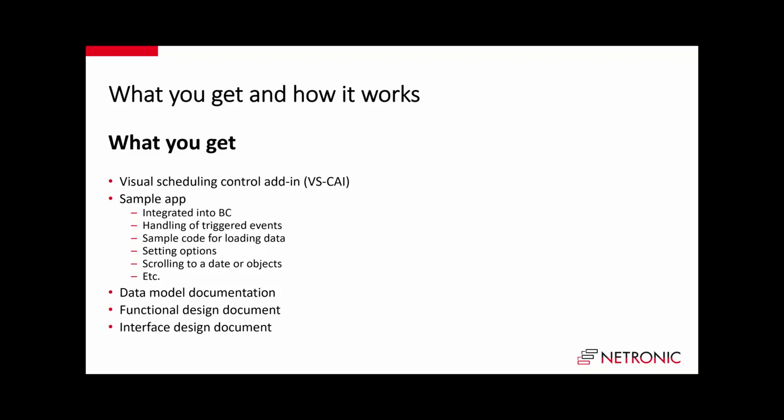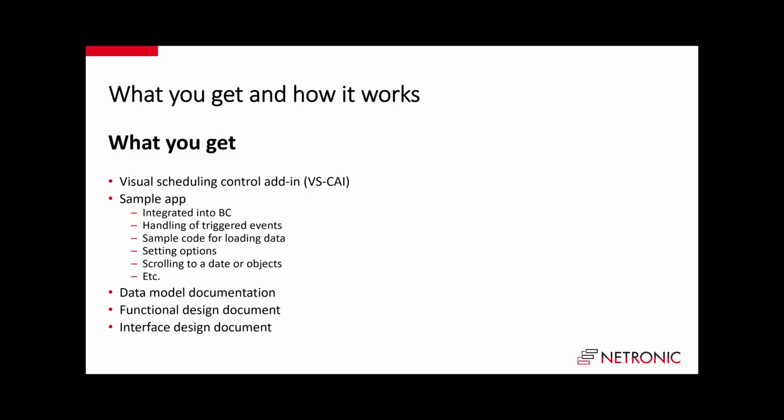You get some sample code for loading data from Business Central into the control add-in. You get some samples for setting options. You get some samples on how you can scroll to a certain date or certain object. So there is something pre-built.